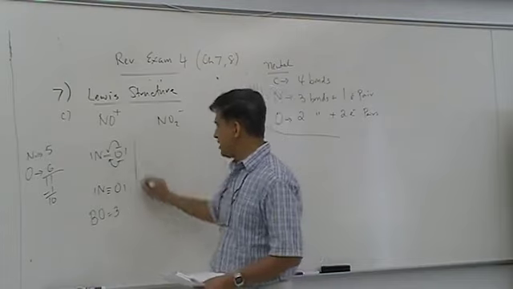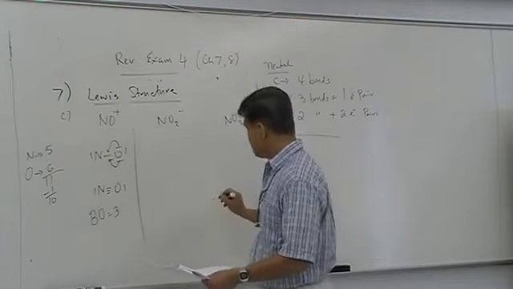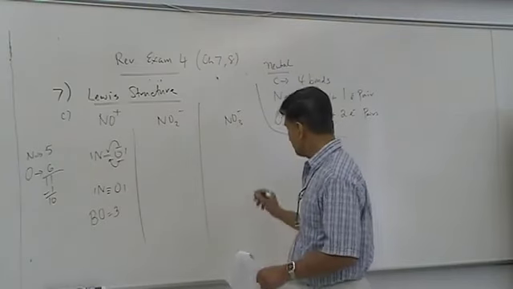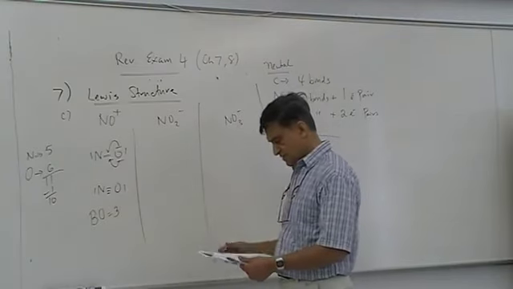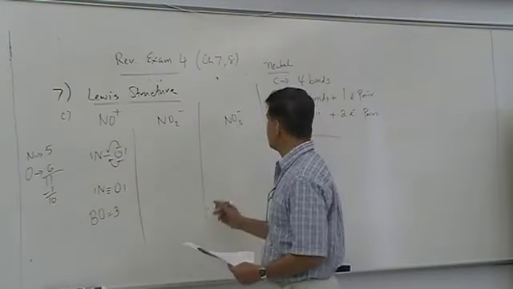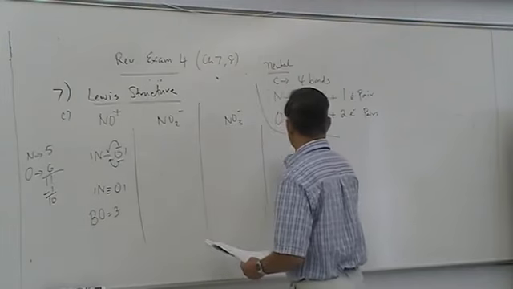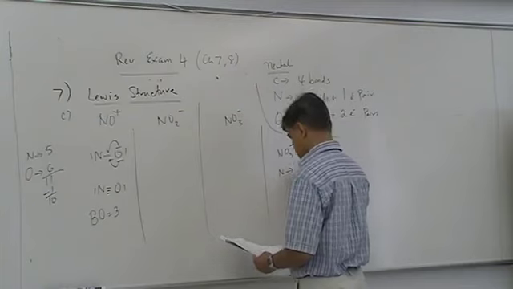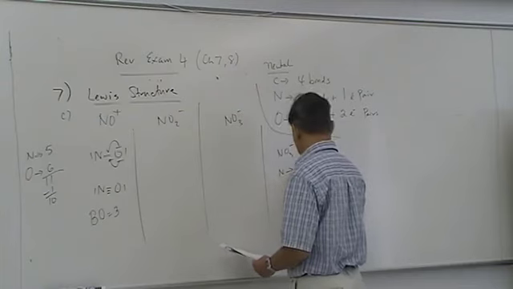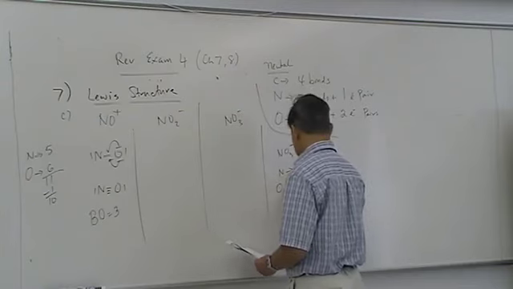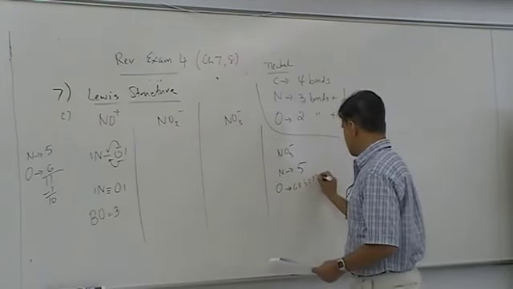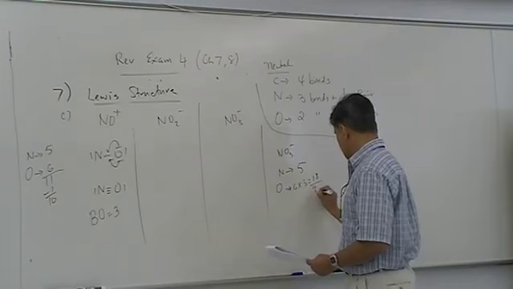In the same way, you can calculate; I'm just showing you NO3 minus. Add up all the valence electrons. Let me do this. NO3 minus: nitrogen has 5, each oxygen has 6, and I have 3 of them, 18, so it's 23.